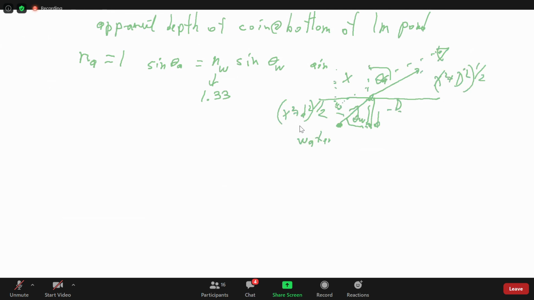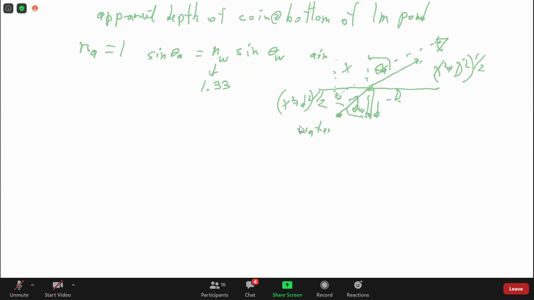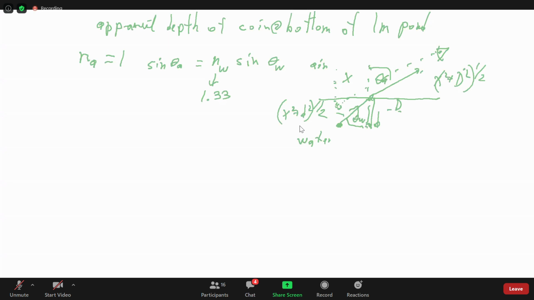So we get sine theta water is equal to x over (x squared plus little d squared) to the 1/2, and sine theta air is equal to x over (x squared plus big D squared) to the 1/2.